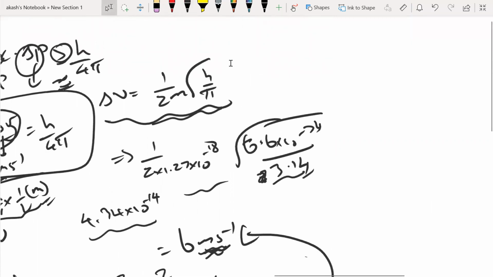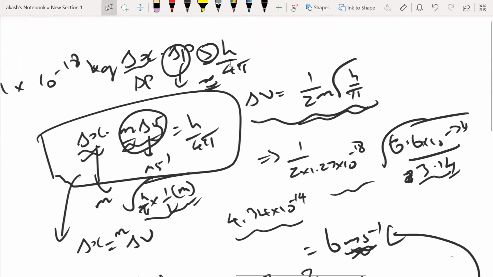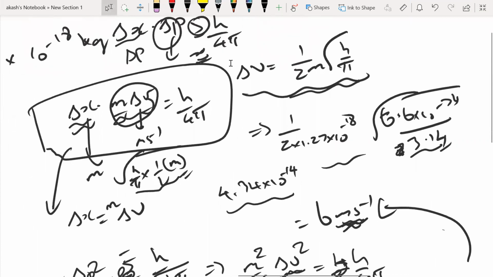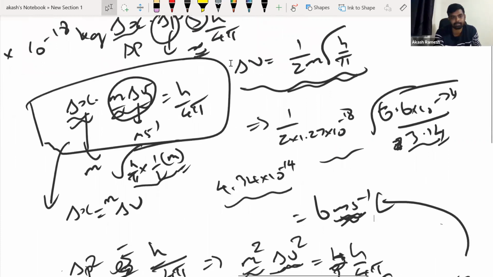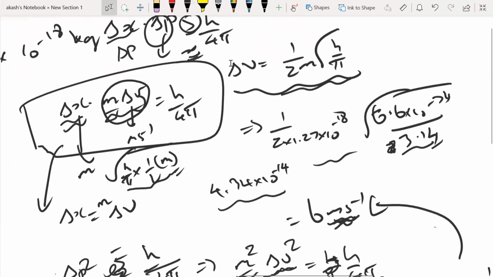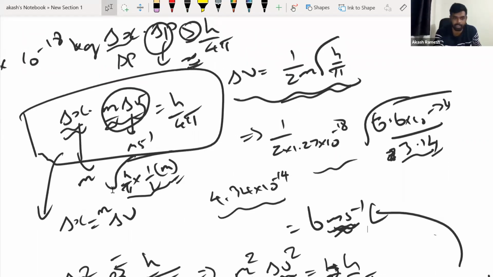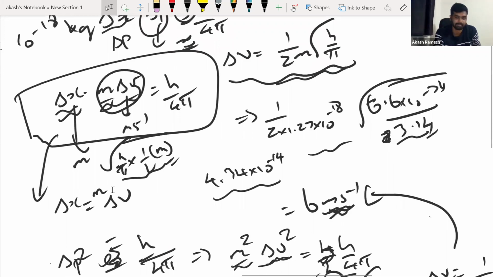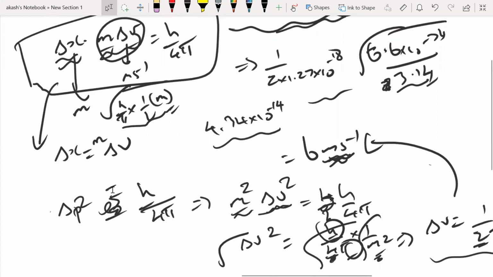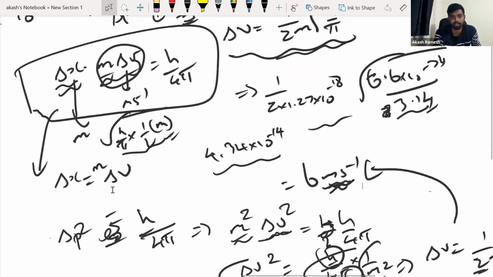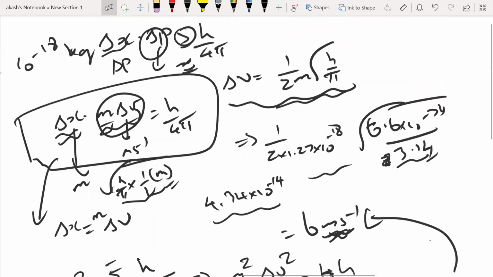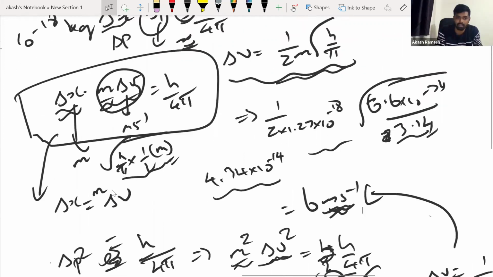Sir, what I did was I wrote delta x in terms of delta v. So delta x equals mass times delta v, and then mass times delta v squared equals h upon 4 pi. Correct, exactly. But it will be mass squared into delta v squared, not only mass into delta v squared.